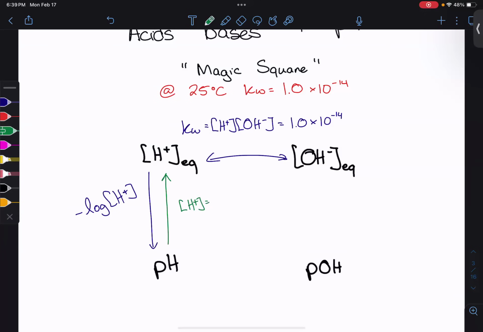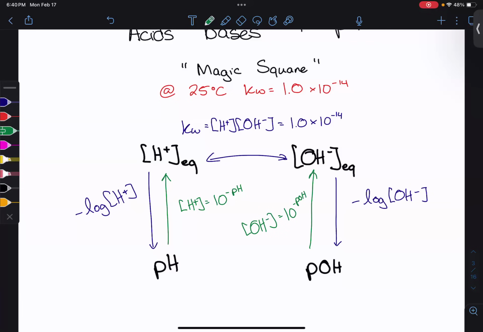H plus concentration is 10 to the negative pH, right? Same thing for hydroxide, right? If I want to convert hydroxide concentration to pOH, it's simply negative log hydroxide concentration. But if I wanted to undo it, go back from pOH to OH minus concentration, it is simply 10 to the negative pOH. So that's to undo the pOH, right?